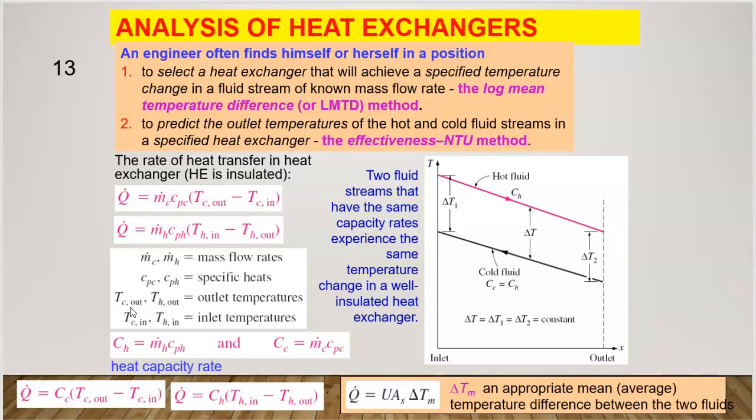So you need to know which one is T C out and T C in. For example, here we have to know by looking at this flow. This is the hot side because it's in hot color, and the temperature is a bit more compared to the other one. Perhaps this one is 80 degrees Celsius, and this one maybe 100 degrees Celsius.